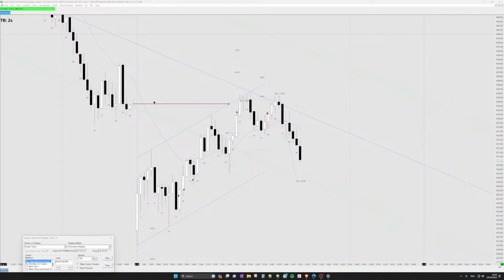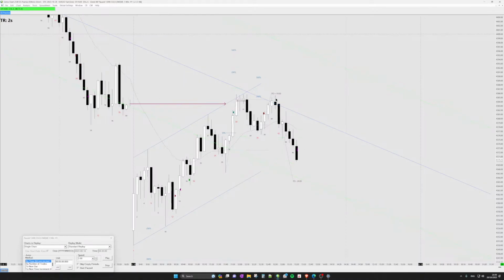Yeah, and overall it was very obvious at that point for a reversal, and it happened. And look how well it has been respecting the channel from the higher time frame.